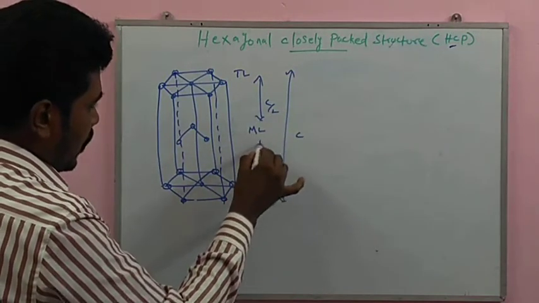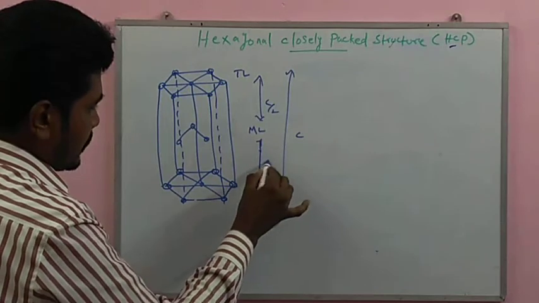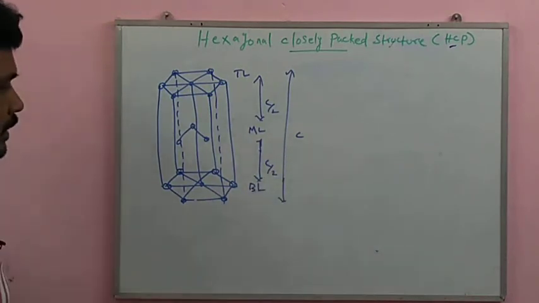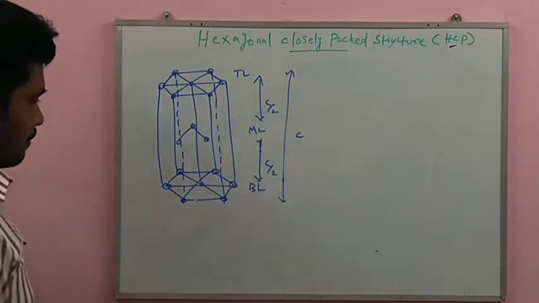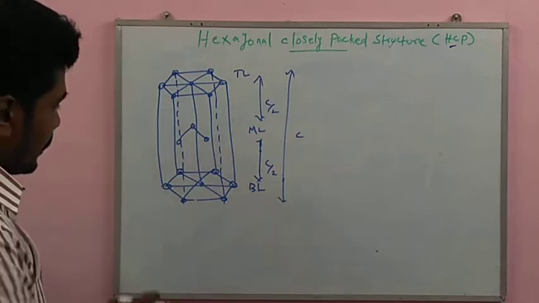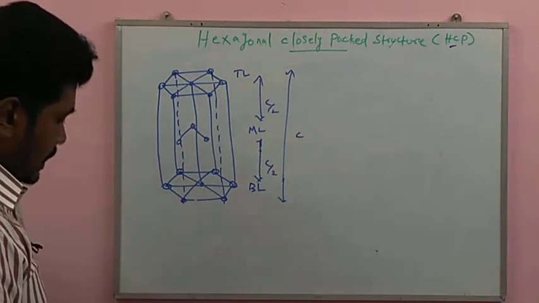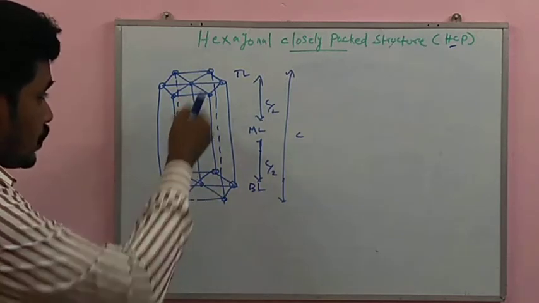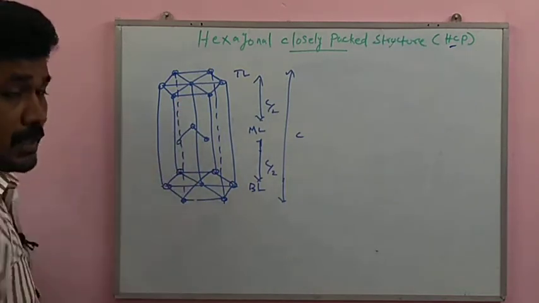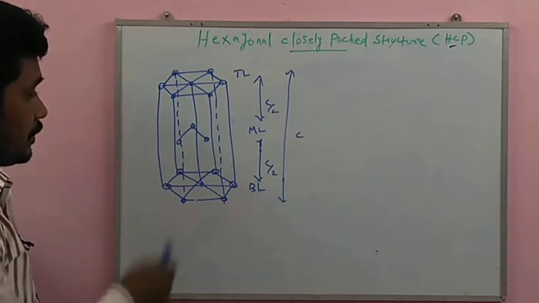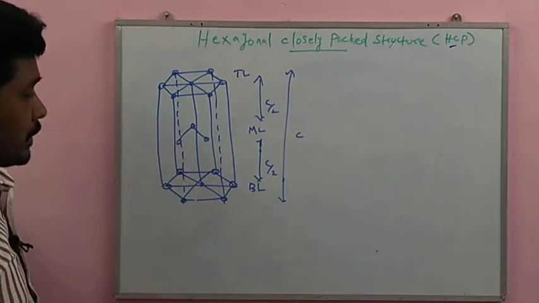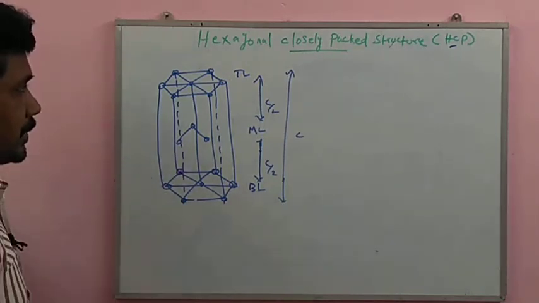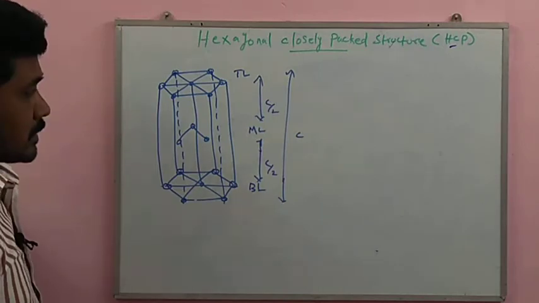The middle layer to bottom layer height is also c by 2. You know the structure of the hexagon: the top layer has 6 corner atoms, the bottom layer has 6 corner atoms, then 2 base centered atoms, additionally 3 body centered atoms in the middle layer. Okay, like this is the hexagonal closely packed structure.